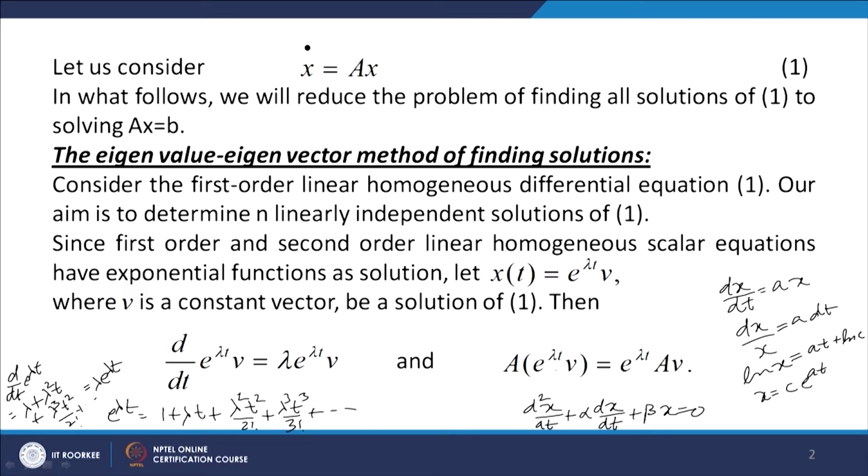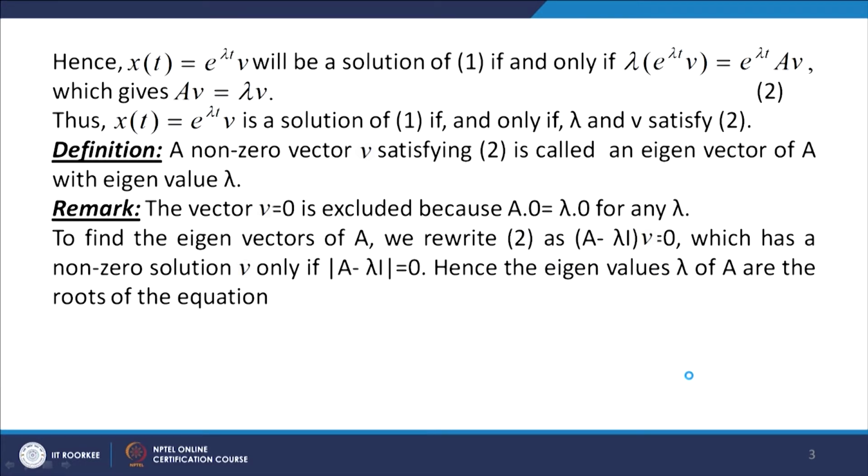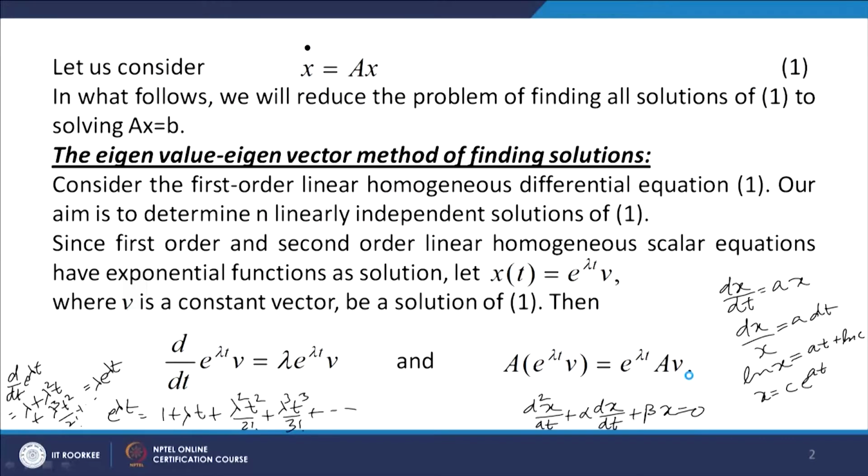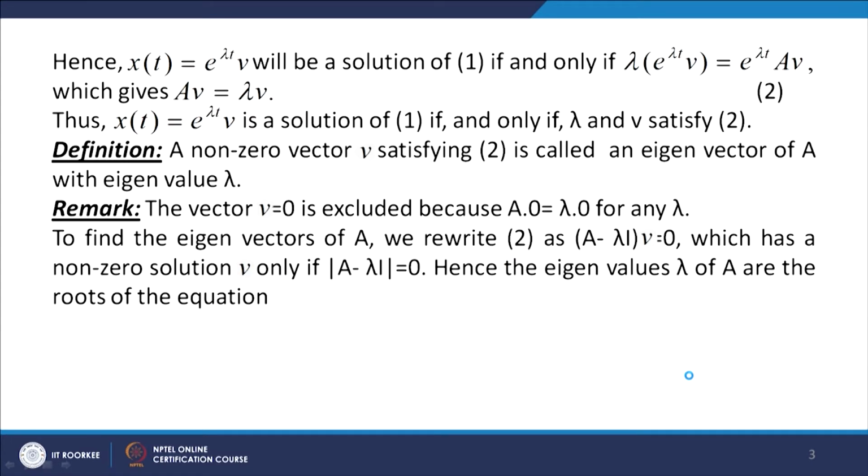And by the matrix properties, A is a constant matrix, A into e to the power lambda t into v, e to the power lambda t being a scalar quantity, will give you e to the power lambda t into Av. So, if you put x t equal to e to the power lambda t into v in equation 1, we get lambda e to the power lambda t into v equal to e to the power lambda t into Av. This is what we get.